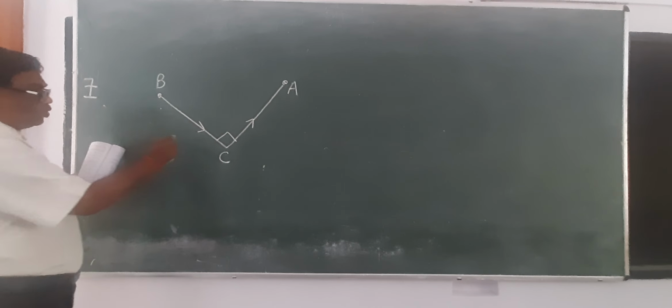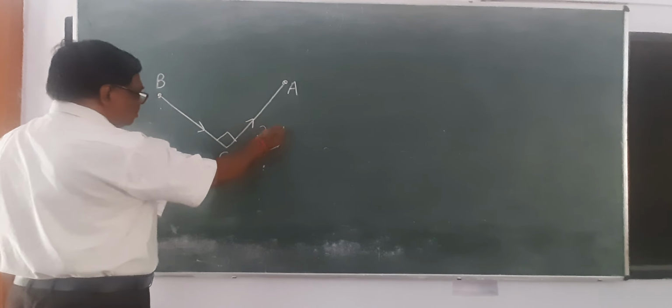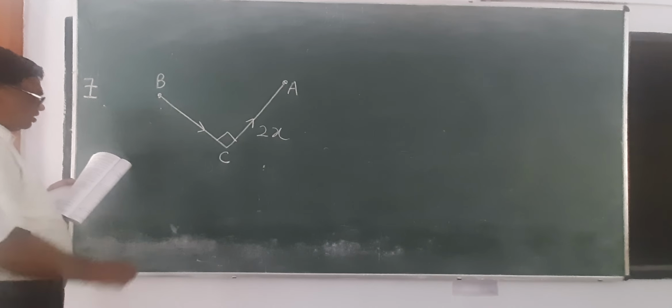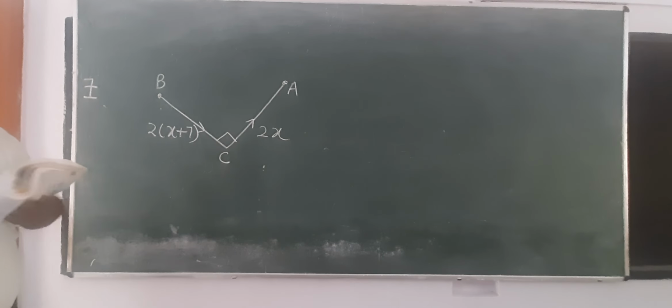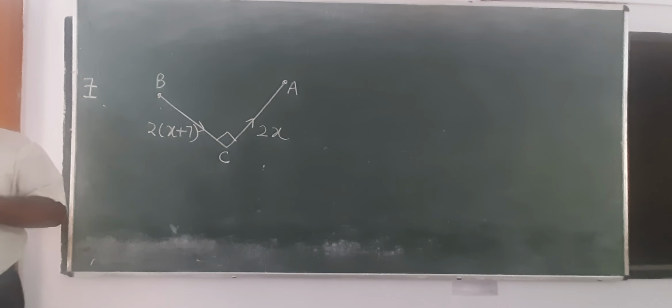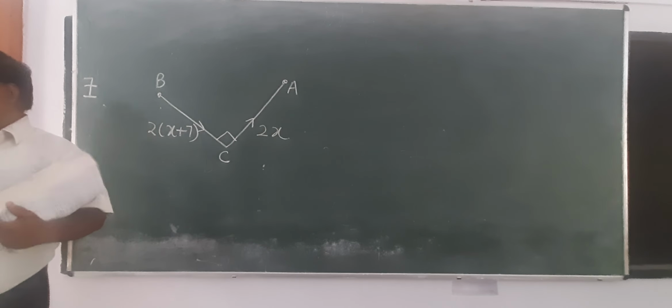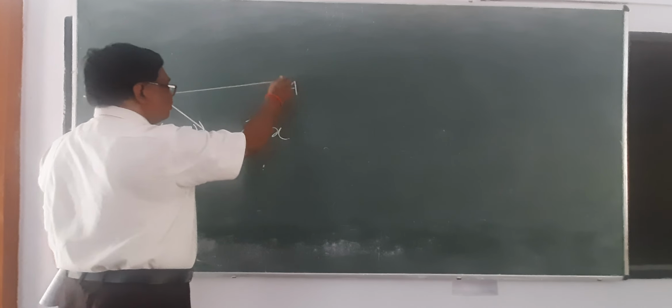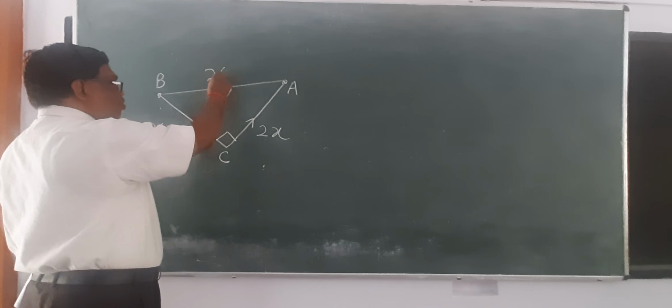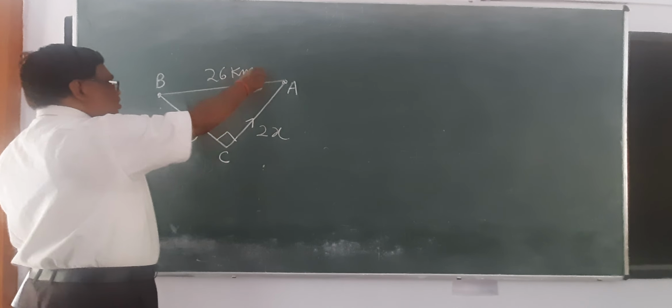AC equals to 2x and CB equals to 2x plus 14. It is proposed to construct a 26 kilometer highway which directly connects the two cities A and B. There is a direct highway from A to B, means direct, and its length is given how much? 26 kilometers.